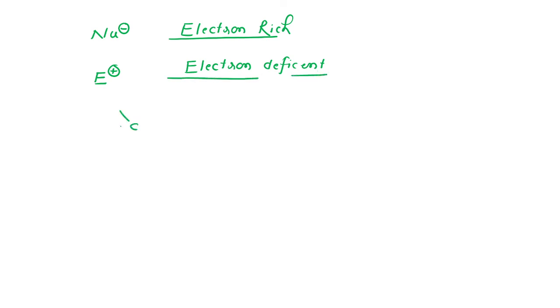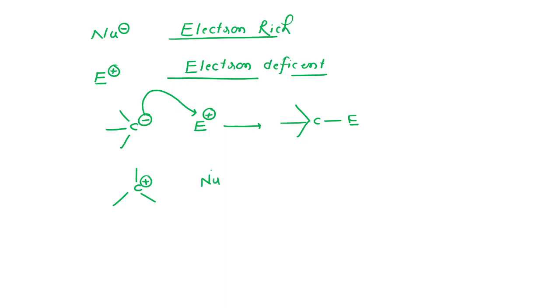Consider if there is a formation of a carbanion and if there is a presence of an electrophile, definitely this will attack on this. Just see, the negative charge is 2 electrons and there is a formation of a bond. Another most important possibility: see, this is a carbocation, and consider there is a presence of a nucleophile. So it is like this.